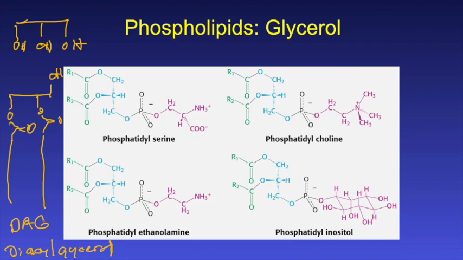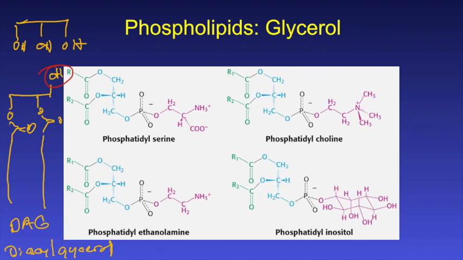You've actually seen that in a signal transduction pathway before. If by chance you have a DAG, and you put on a phosphate, it's called phosphatidate or phosphatidyl.